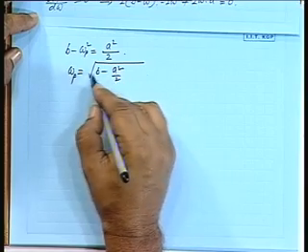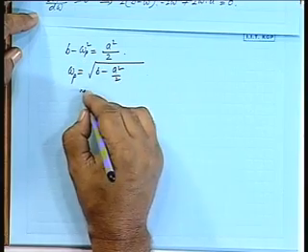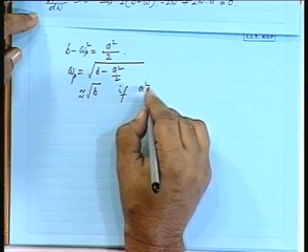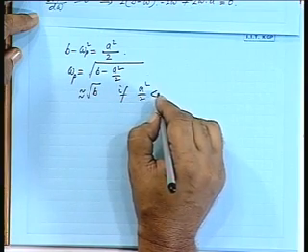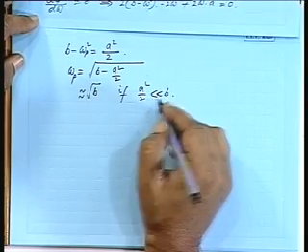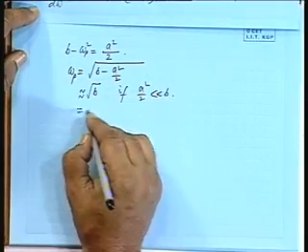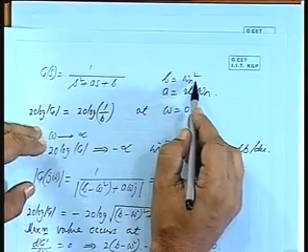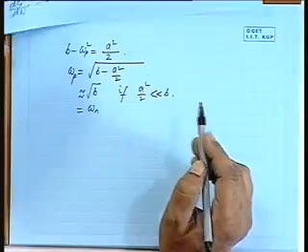When a is small, this is approximately equal to root b, if a squared by 2 is much less than b. That means, for small value of zeta, it is very close to root b, that means omega n basically. Root b means omega n. b is equal to omega n squared, is it not? Natural frequency squared.